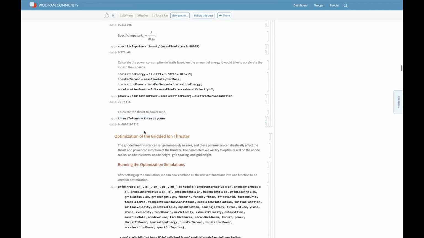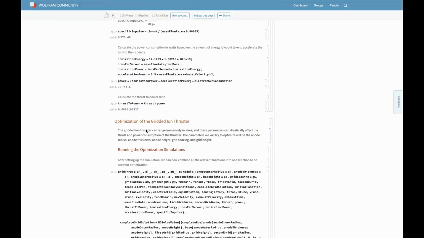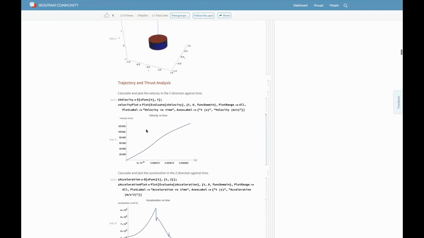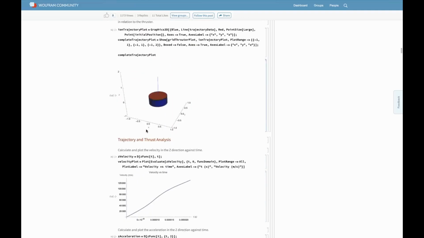Okay, just a quick question. Further up, where you're modeling the trajectory for the ion, the purple line is where the ion's going. Are all of the ions in the middle of your thruster, or are you assuming that across the entirety of the surface, they all follow a similar trajectory?